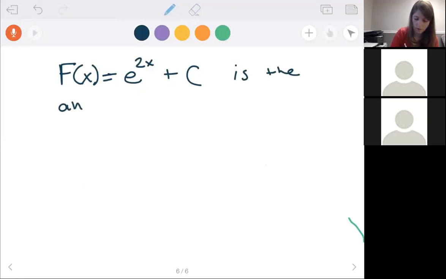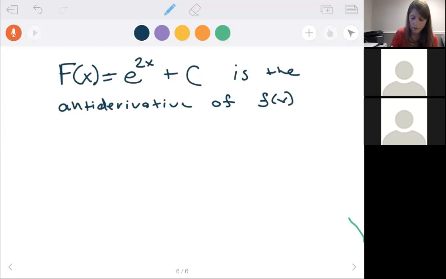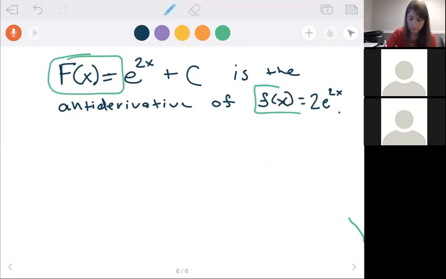So e to the 2x plus c is the antiderivative for our function. Now, if you're having trouble with the capital parts and the lowercase, just take them off. e to the 2x plus c is the antiderivative of 2e to the 2x.